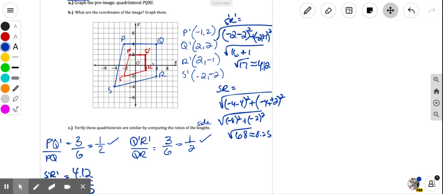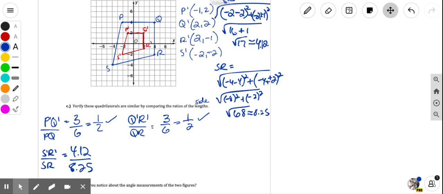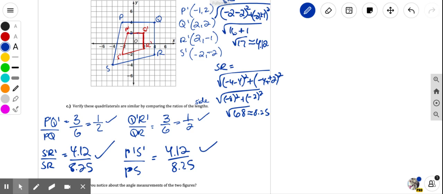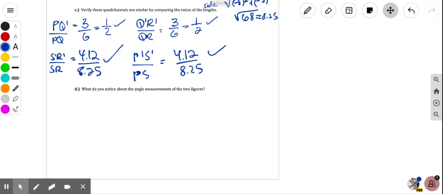I'm pretty sure they end up being the same as S and R. So let's see, P prime, S prime, and PS, they do end up being 4.12 and 8.25, but you would want to show that out. And so that verifies that the quadrilaterals are similar by checking the ratios of their side lengths.